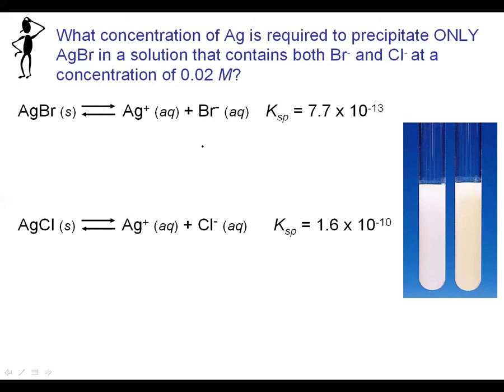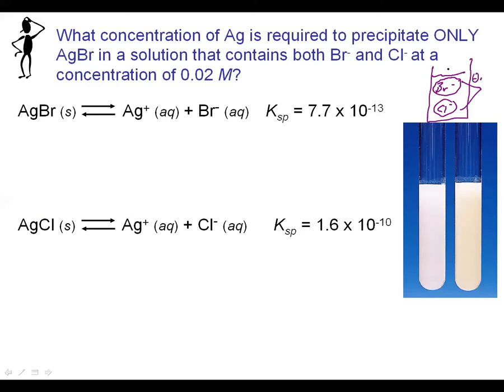When we look at this problem, we see: what is the concentration of silver that's required to precipitate silver bromide in a solution that contains both Br minus and Cl minus ions at a concentration of 0.02? So basically you have a solution with bromide ions and chloride ions floating around, and they both have a concentration of 0.02 molar.